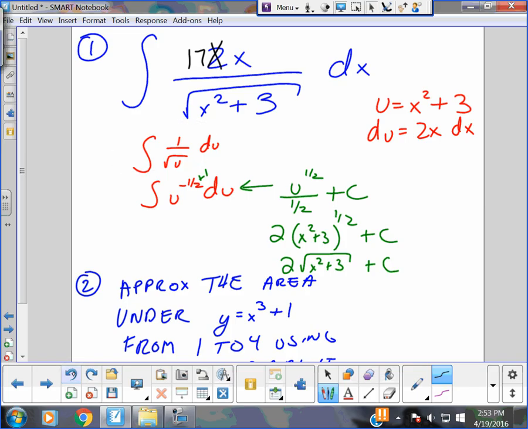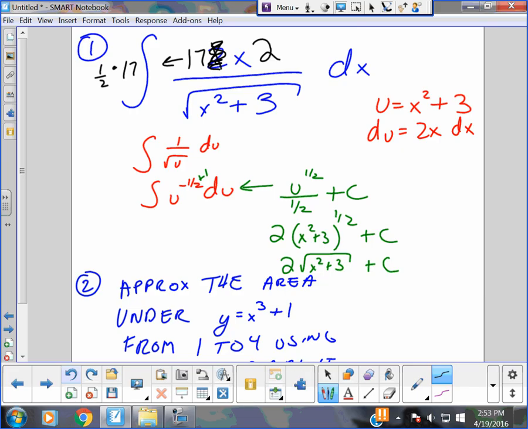First thing I would do is pull the 17 out. Do you guys agree? Because it's constant. But I need a 2 here. I need this 2 to be with the dx. So if I want to put a 2 inside, I can, so long as I multiply by 1 overall. I can put a 2 here, as long as I put a half out here.